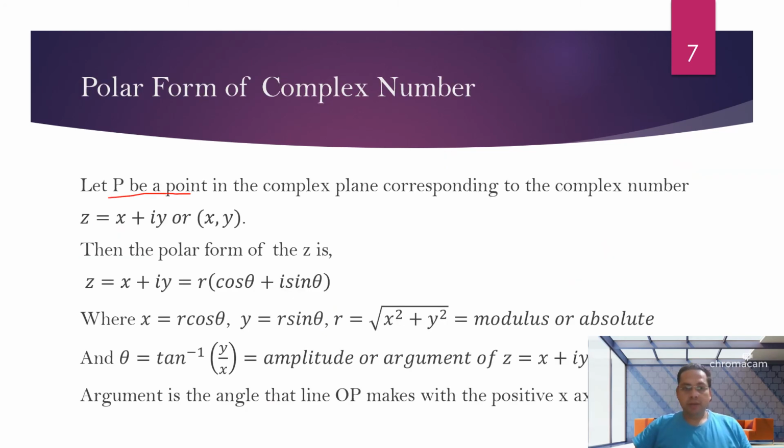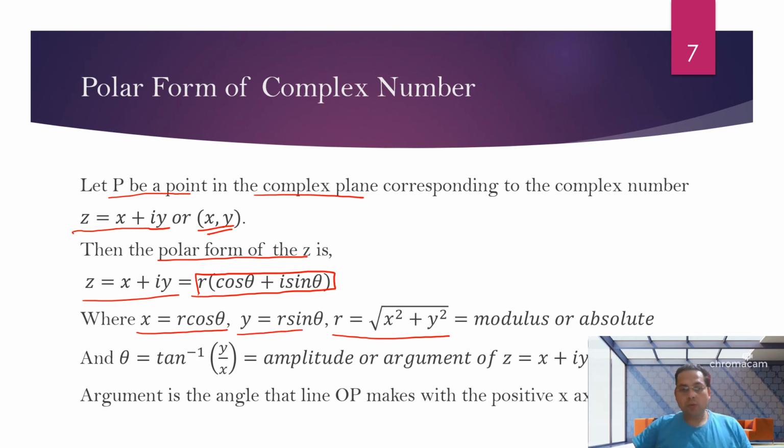Let P be a point in the complex plane, then the complex number z is equal to x plus iota y, or represented by the pair x, y, and the polar form of z is x plus iota y is equal to r cos theta plus iota sine theta, where r is equal to under root of x square plus y square, and x is equal to r cos theta, y is equal to r sine theta, where r is called the modulus or absolute value, and theta is equal to tan inverse y by x, the amplitude or argument of z.